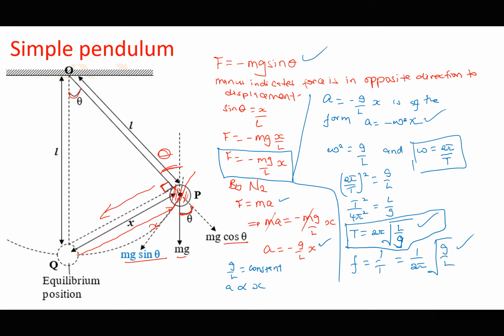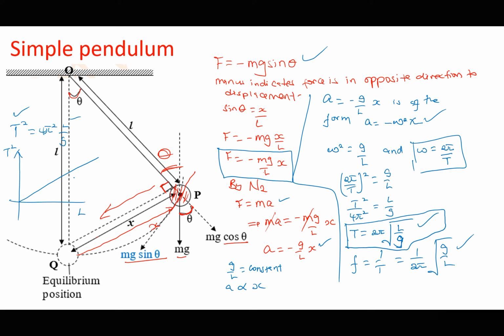If I wanted to sketch a graph of, say, T squared against L, I think that would be a straight line through the origin. You have that T squared is going to be 4 pi squared times L over g. So a graph of T squared against L would be a straight line through the origin.